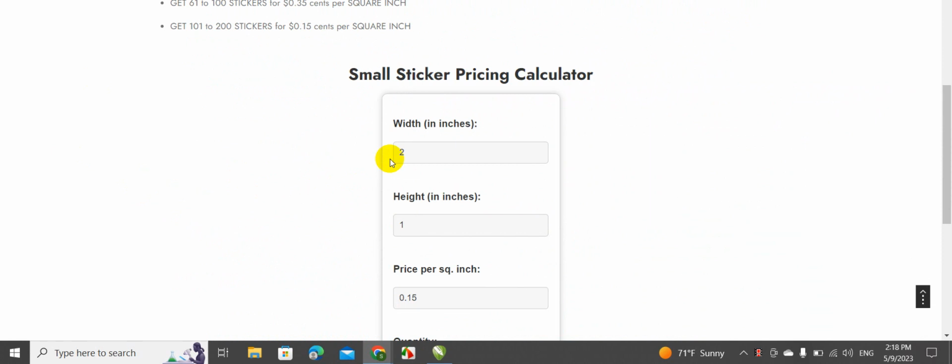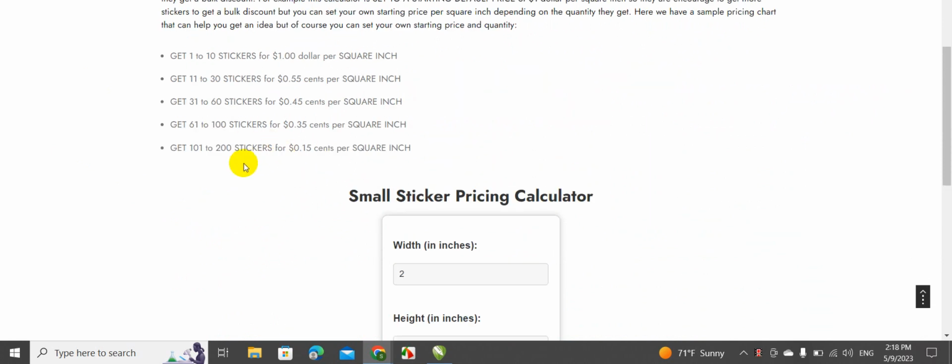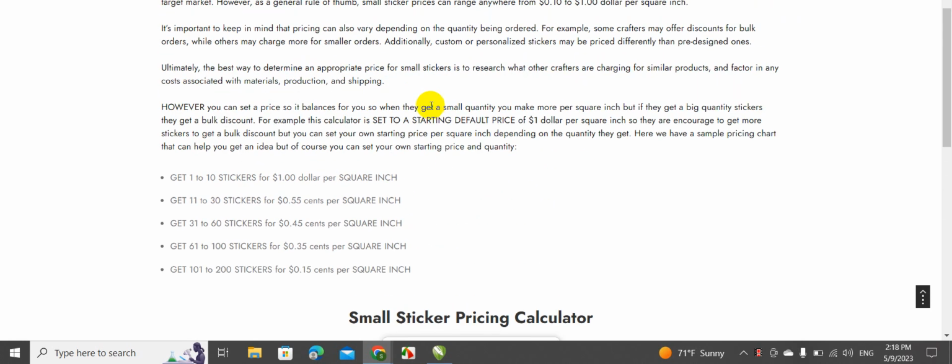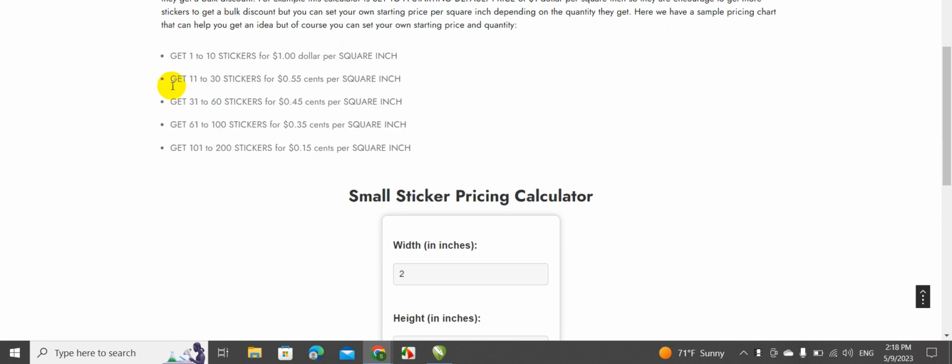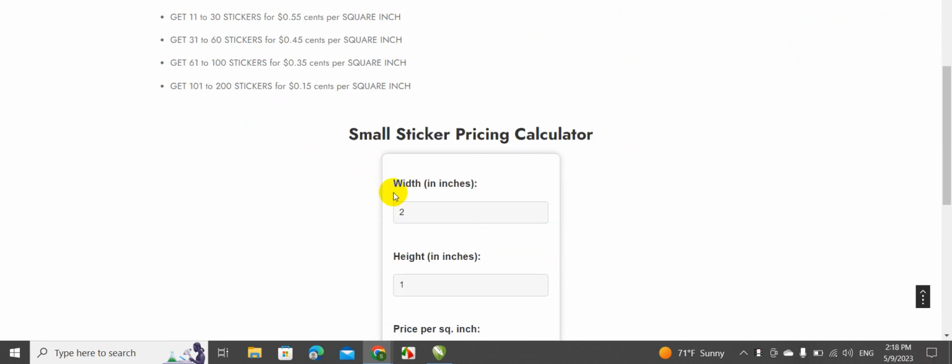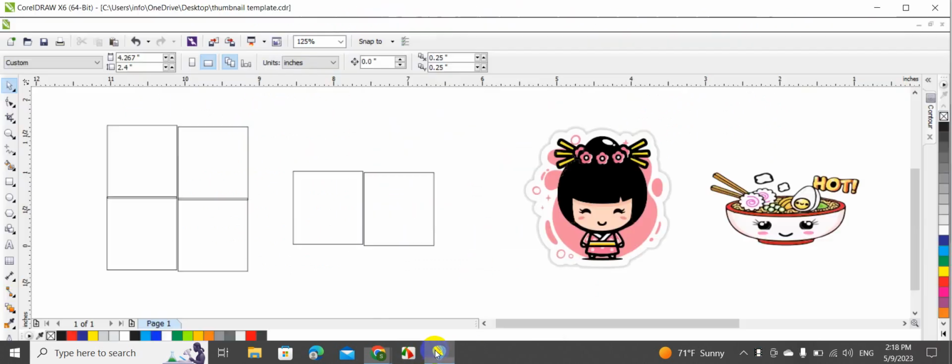And now, see, that's what I mean when I say in the intro that it doesn't matter. You don't focus on the size of the sticker. Focus more on the quantity and the square inch. So again, to be fair, as I show you here, let's say they want this sticker, which is only 2 inches.